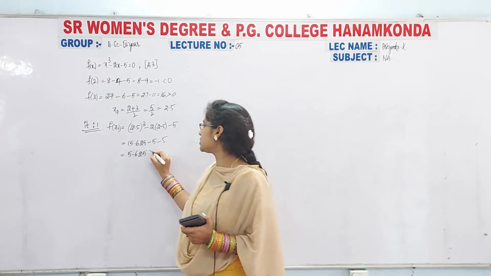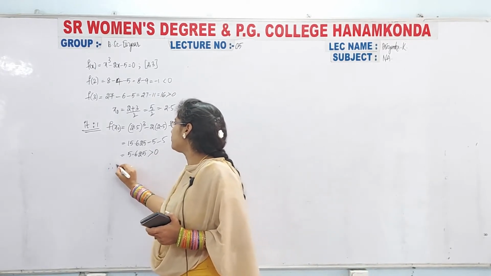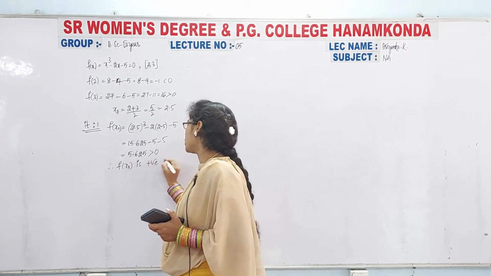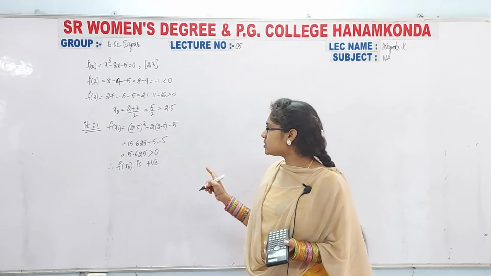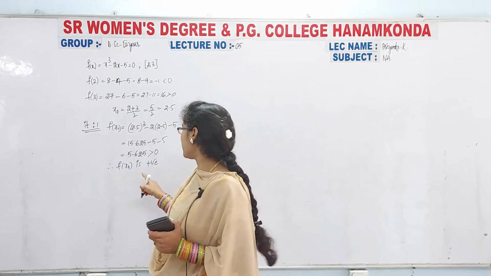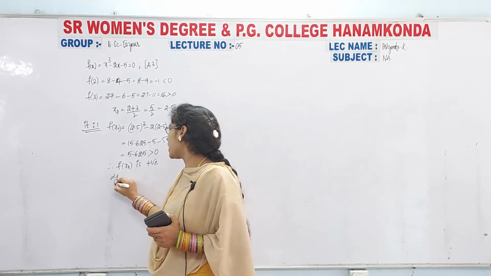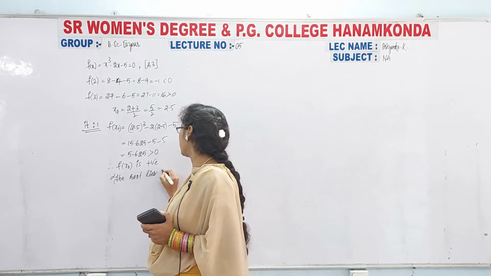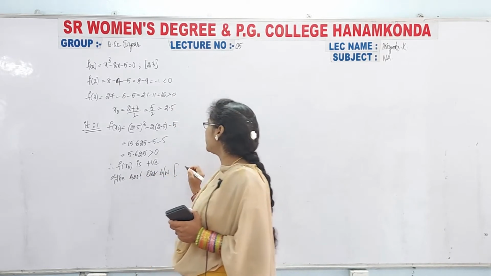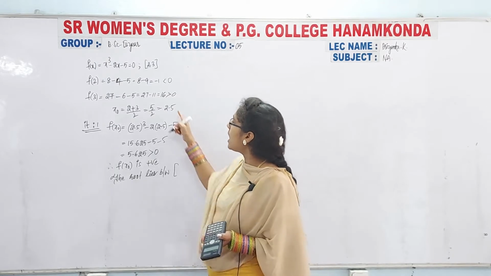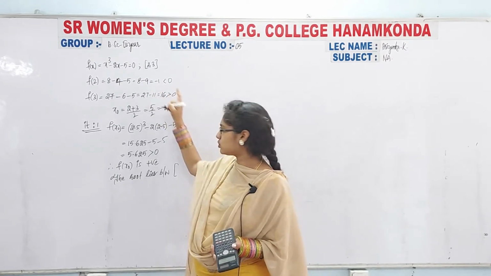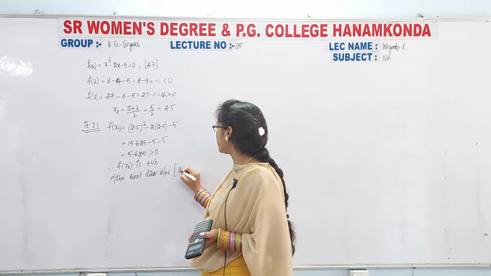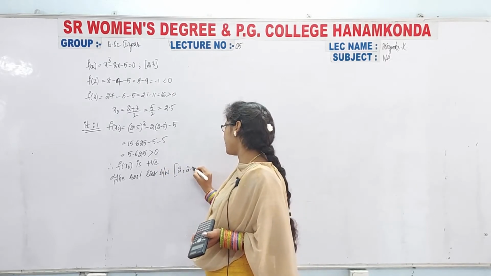Positive value, which is greater than 0. So therefore f of x naught is positive. If it is positive, then what do we have to say? We have to say that the root lies between. For 2 we have a negative sign, and for the new value positive, so that's why we have to take 2 comma 2.5.